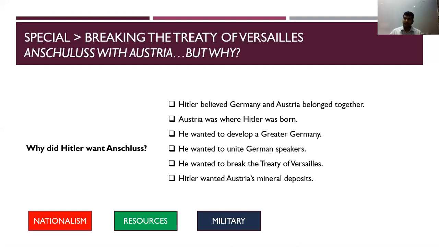And next would be military. Increase the military strength of the Nazis, basically, and make that a more formidable force. So by gaining the Anschluss with Austria, they are able to be stronger in terms of military.